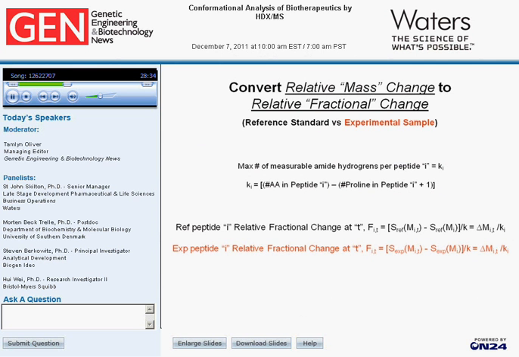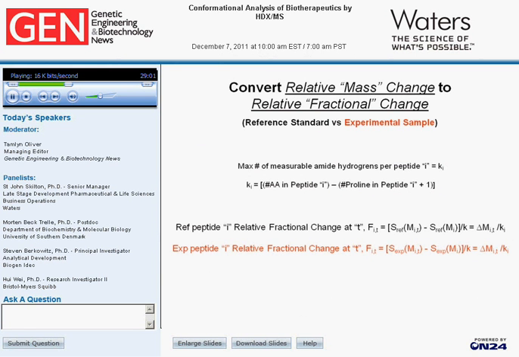So what we do is divide each of these mass difference data points for each peptide at each time by the maximum number of potential hydrogens that could exchange, and that number is unique to each peptide and is determined by the number of amino acids minus the number of prolines plus 1 for the one amino terminus. So that's how we can convert this data into relative fractional exchange. Next slide.